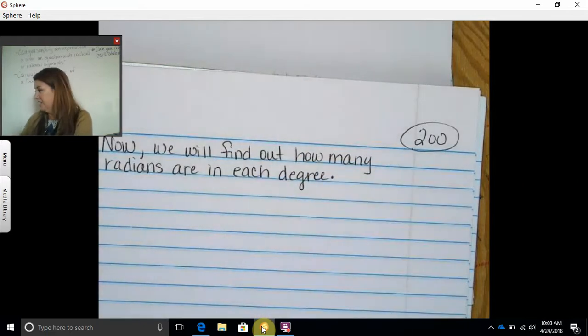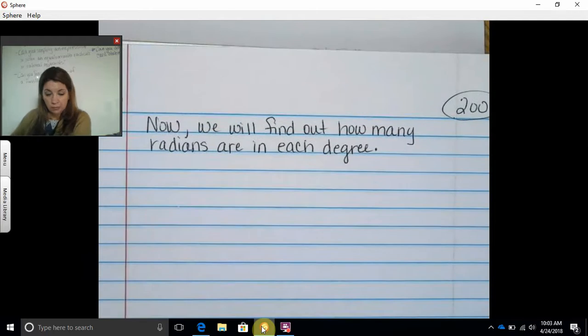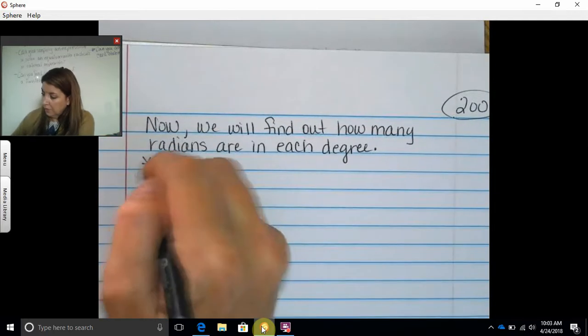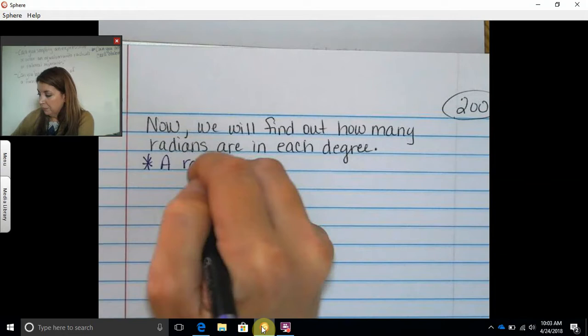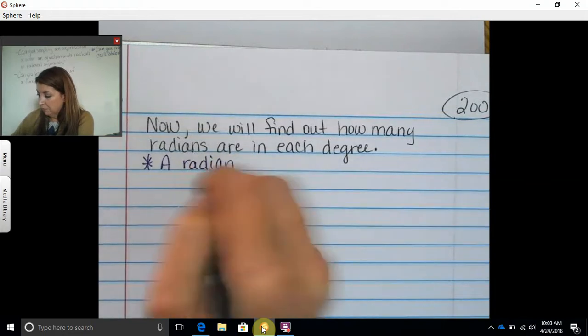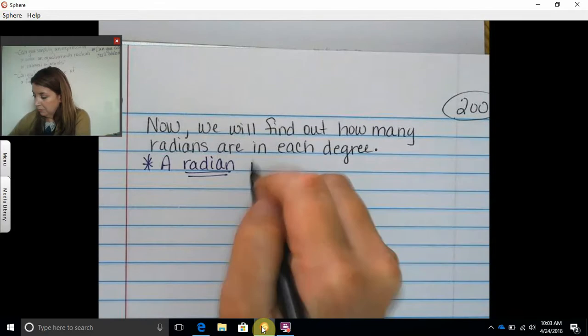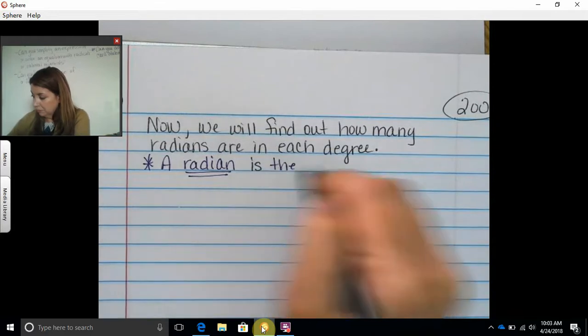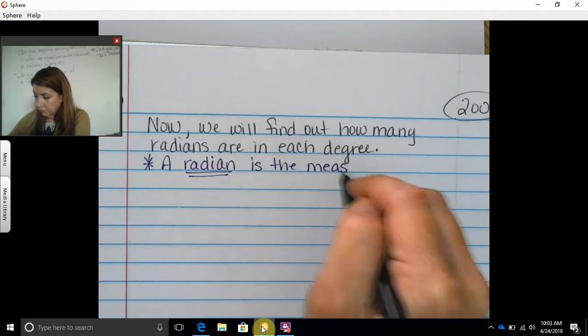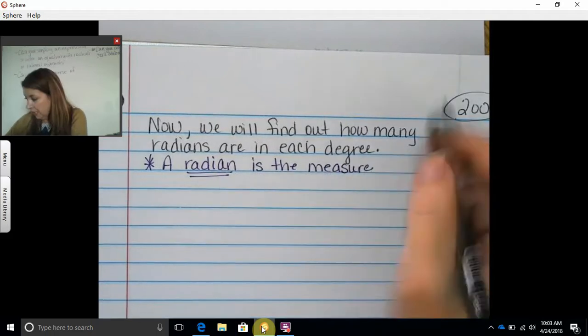So we need to write that definition for a radian. A radian is the measure of a central angle.